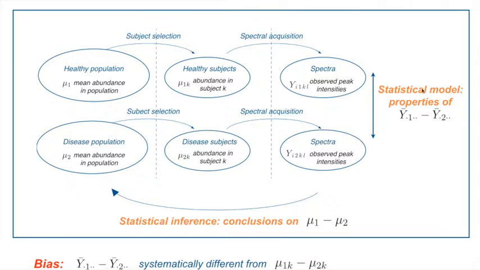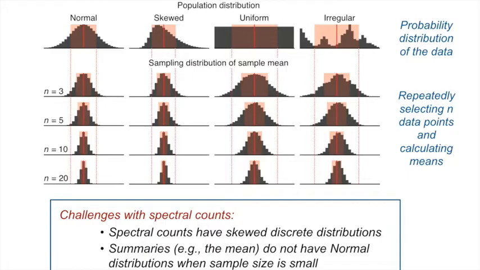Because of that, it may change how we summarize the data, and it may change how we quantify the variability. The discrete nature of the data really affects our view on what a good summary is and what a good measure of variation is. You may say, wait a minute, we talked about this before, the central limit theorem, right? Why should we care? Maybe we can always talk about normal distributions, and you're right.